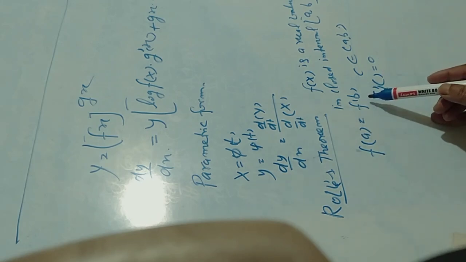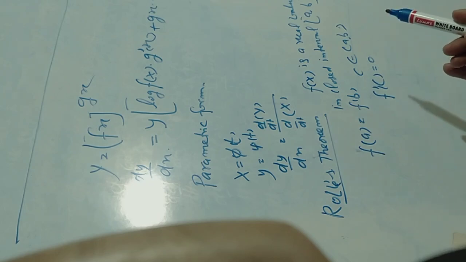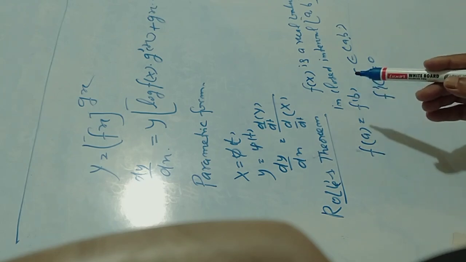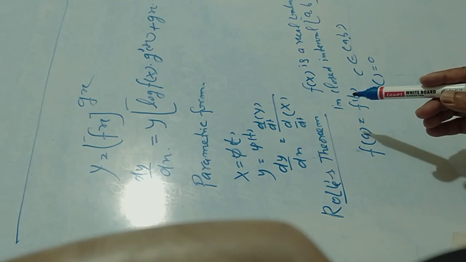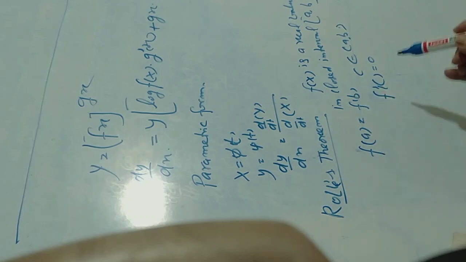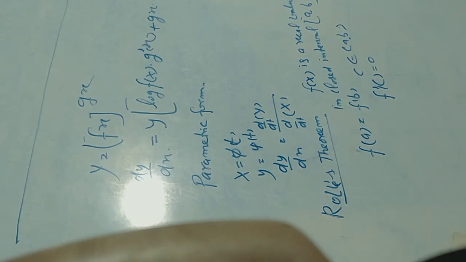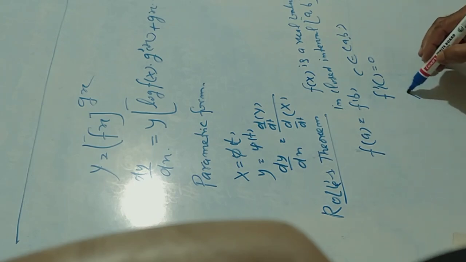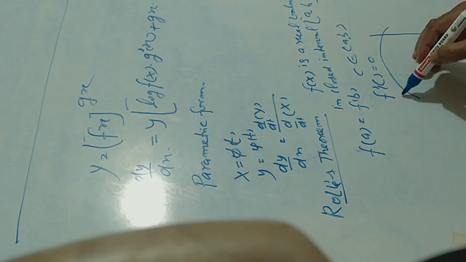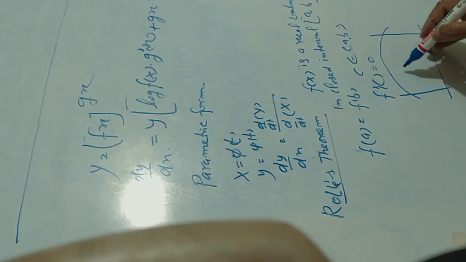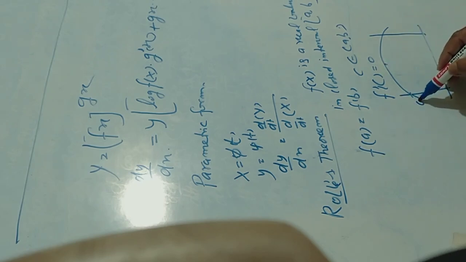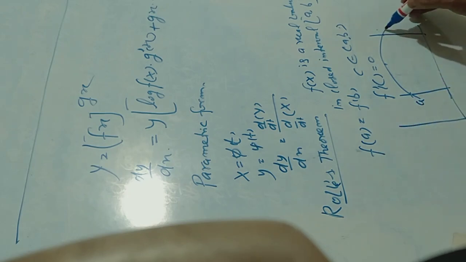Here f(a) is equal to f(b). These two values at a and b are equal in the function, okay, and c belongs to (a, b), f'(c) is equal to 0. This is Rolle's theorem. For example, it is a curve. Here it is a and it is b.